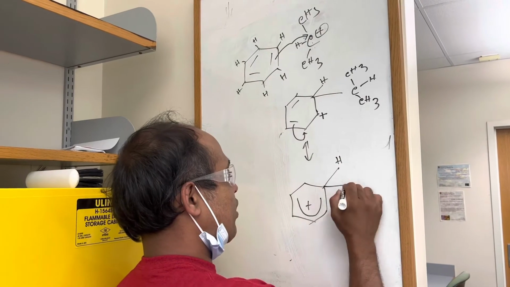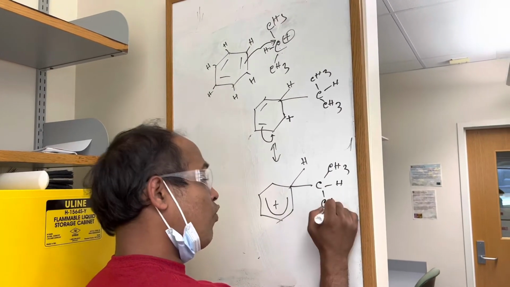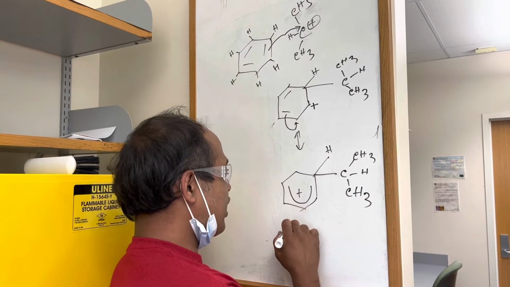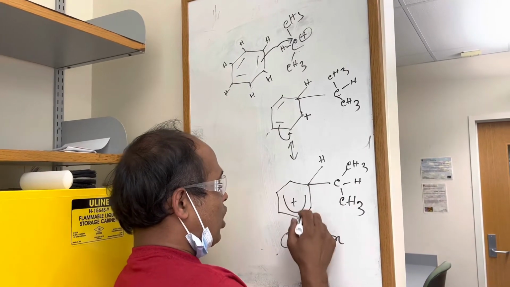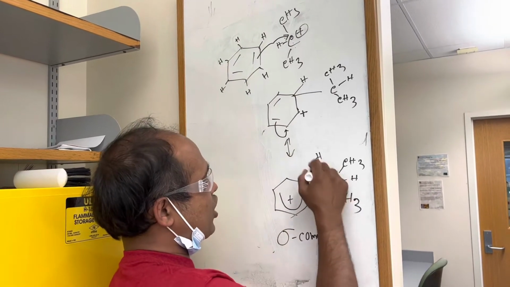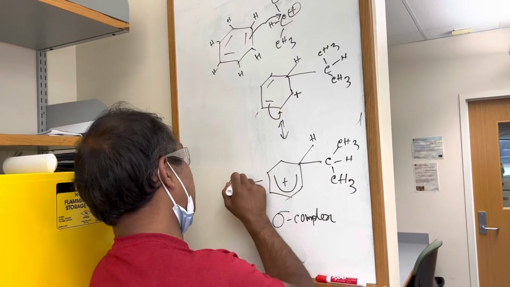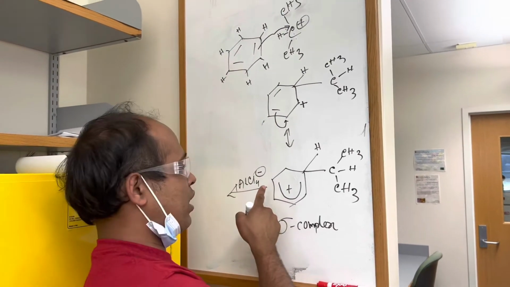All of you obviously know this structure, and this is called the sigma complex. This additional hydrogen will now be taken by the AlCl4 minus I showed you last time.